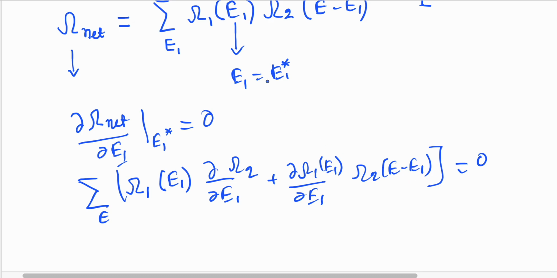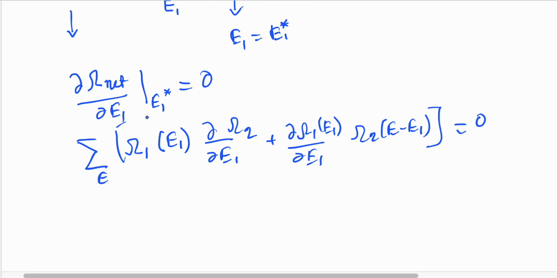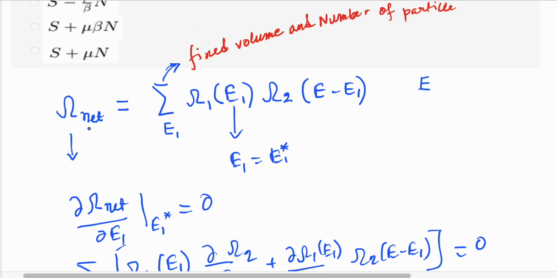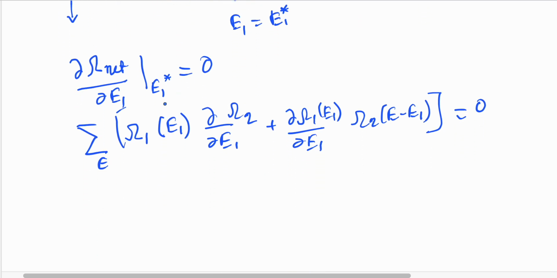Now at the maximum, at E1 equal to E star, this quantity is actually 0. That means this summation should go to 0, so each and every term should go to 0. Since this is the energy where the system will go, all the terms containing other than E1 will go to 0.